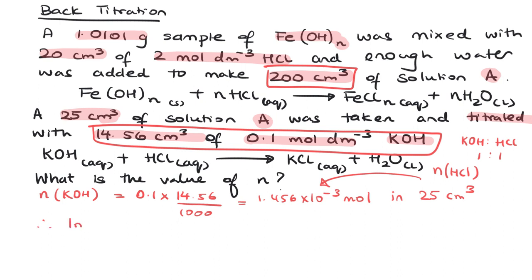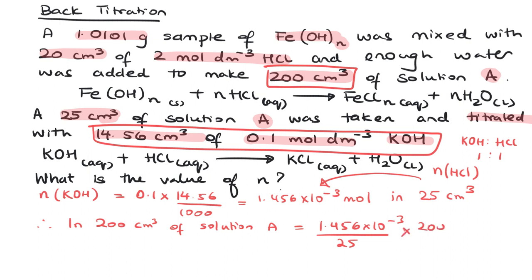Therefore in 200 cm³ of solution A, we will have 1.456 times 10 to the minus 3 divided by 25 and times 200.